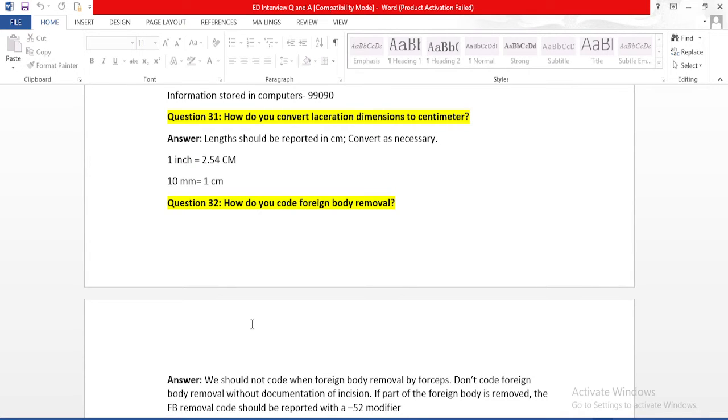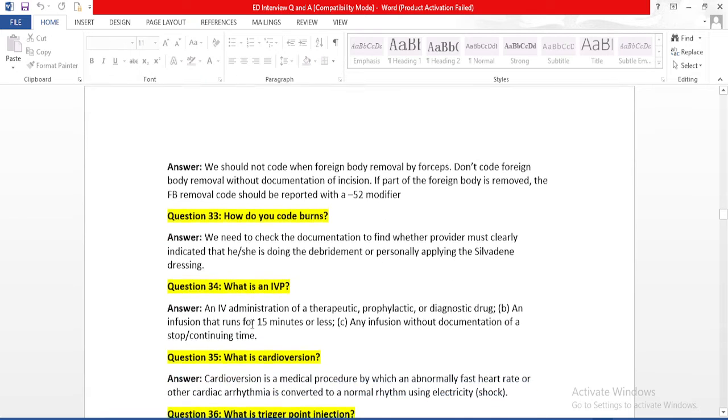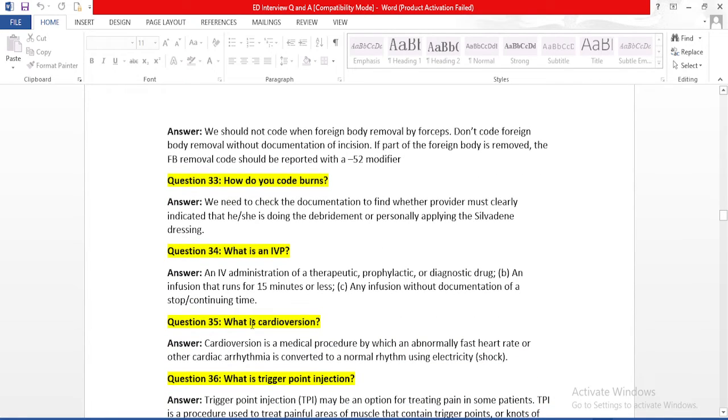So next question, how do you code foreign body removal? Basically we should not code when the foreign body is removed by forceps. Don't code foreign body removal without documentation of incision. If part of the foreign body is removed, the foreign body removal code should be reported with a 52 modifier.